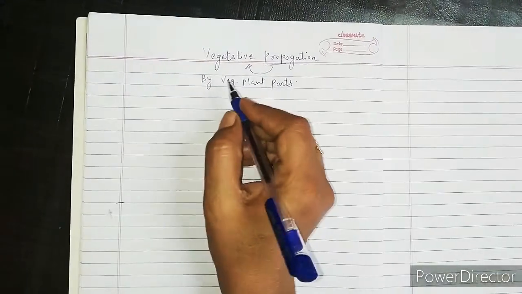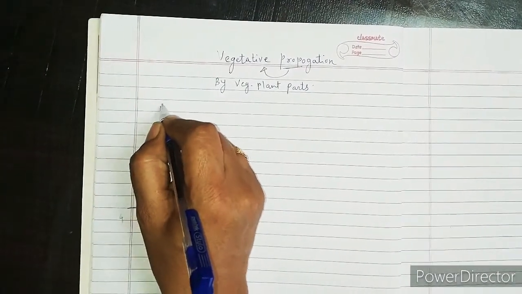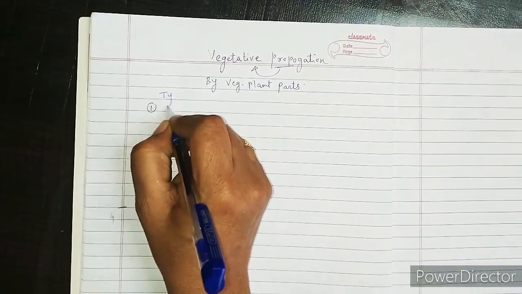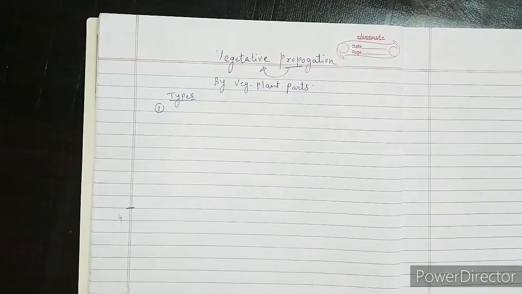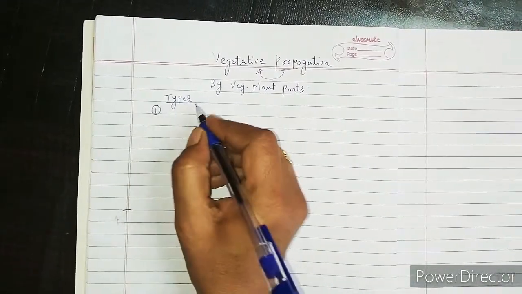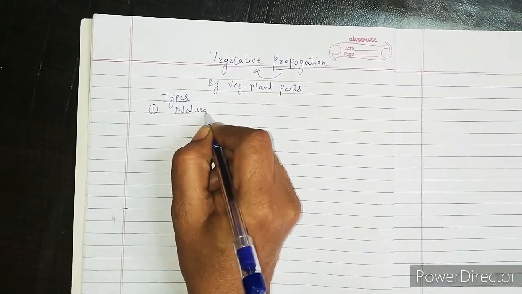Such type of vegetative propagation is of two types. The first one, which you have already studied in the 11th class, is the natural type of vegetative propagation.